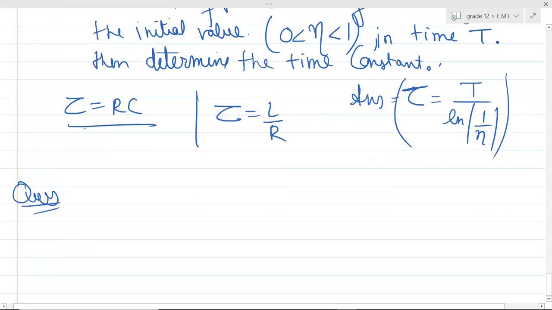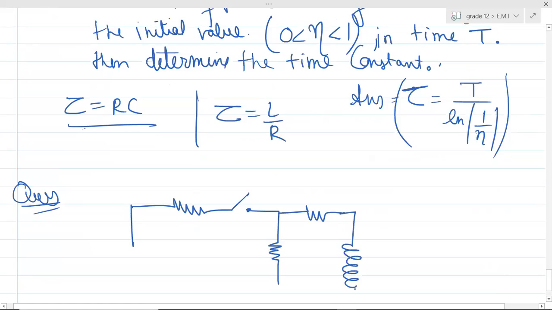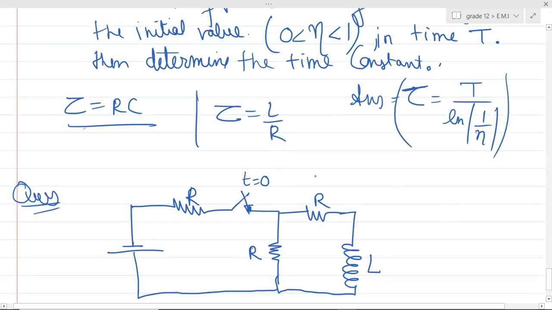Let me give one question. The switch is closed at t equals to 0.